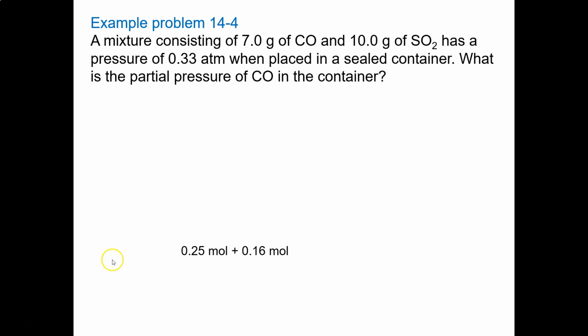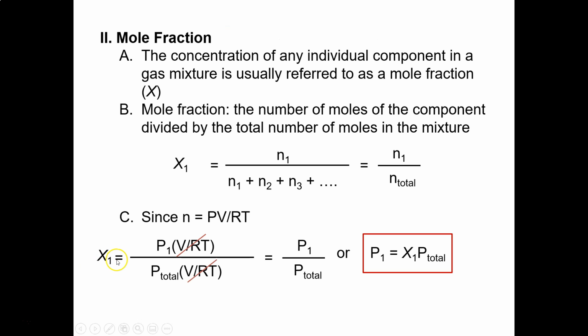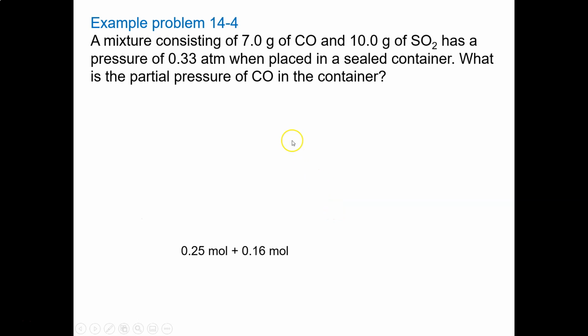Remember that the mole fraction was designed for you to figure out the partial pressure because it's based on the mole fraction of that particular chemical. The partial pressure is just the pressure of some particular chemical within a big mixture. So that's a hint for you to find how to use the mole fraction.